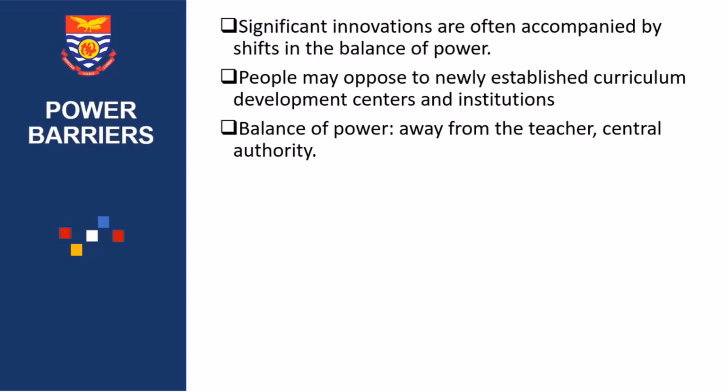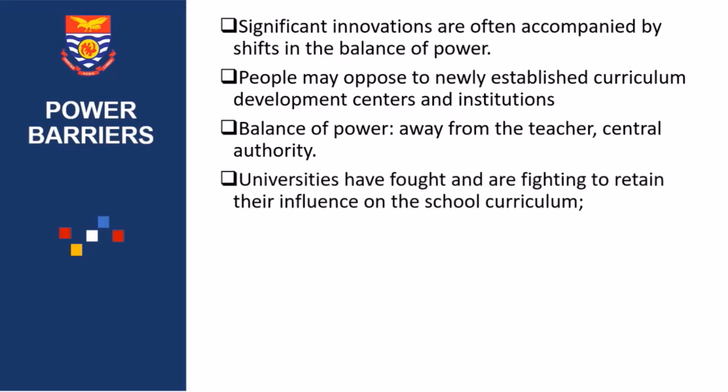Now, this balance of power may shift away from the teacher, or come from the teacher, central authority, etc. And all these things show that universities have fought and are fighting to retain their influence on the school curriculum.